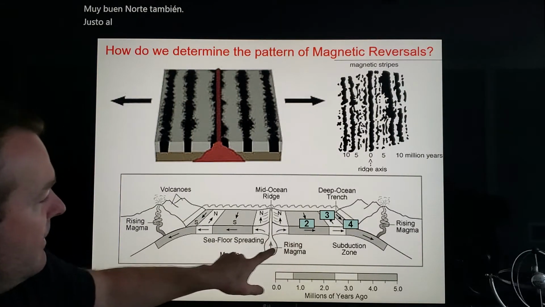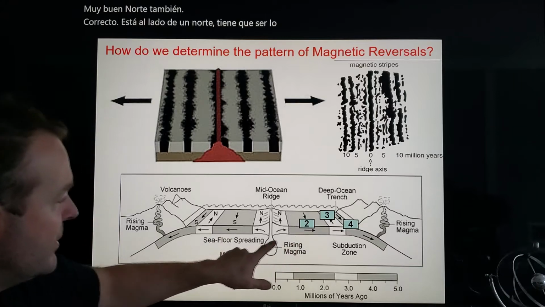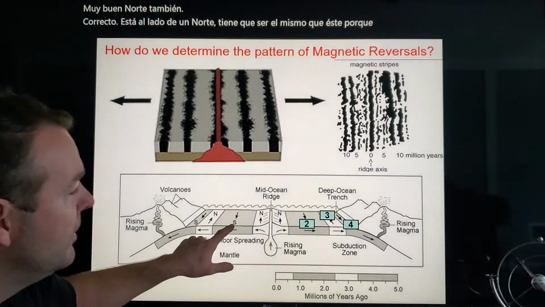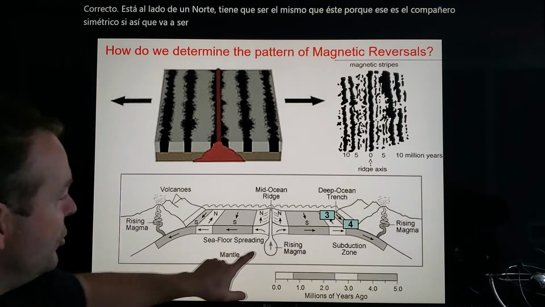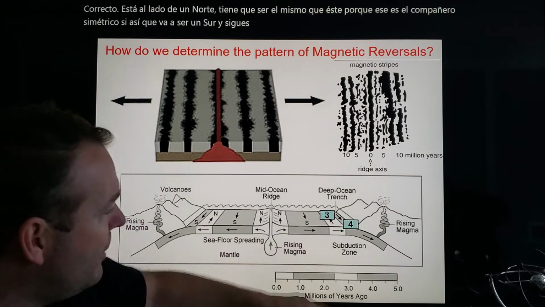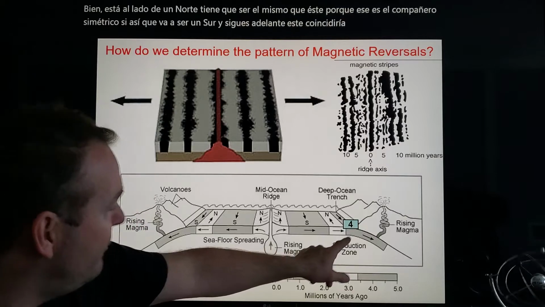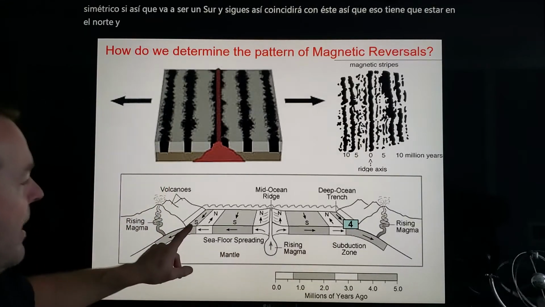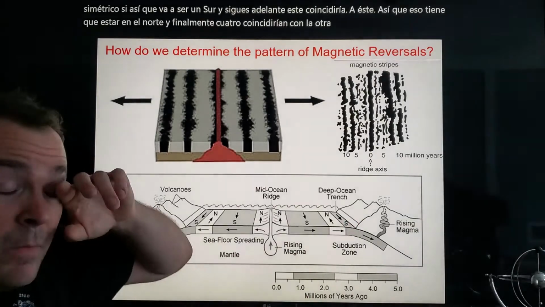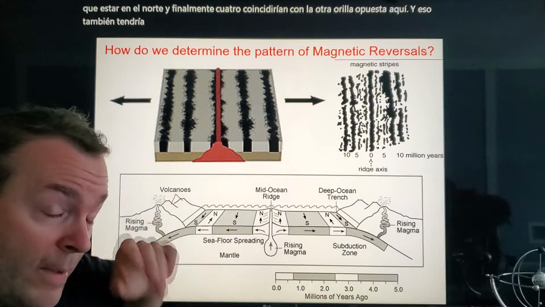It's got to be the same as this one, though, because that's the symmetrical partner, if you will. So that's going to be a south. And you keep going. This one would match up to this one, so that's got to be a north. And finally, 4 would match up to the other opposite shore here, and that would also have to be a south. Right? And those are magnetic stripes, if you will.